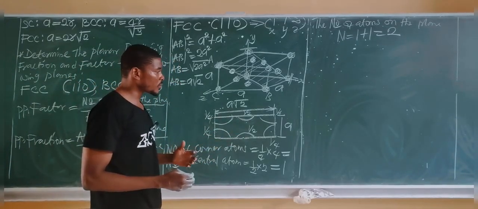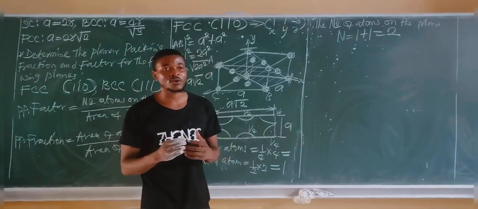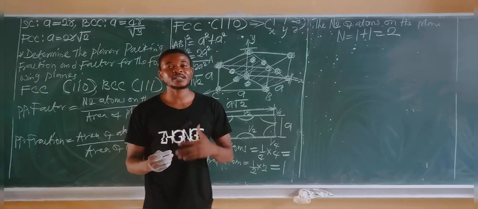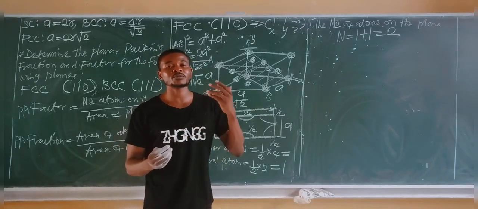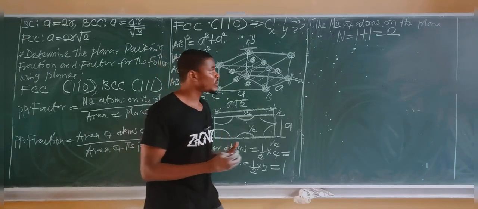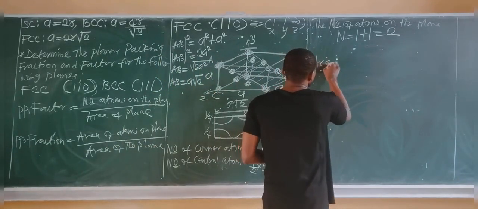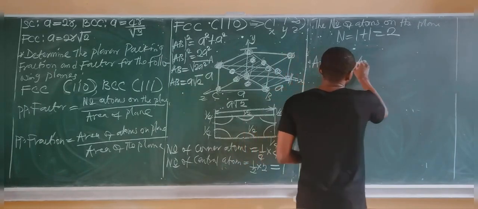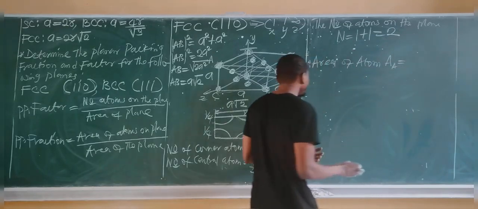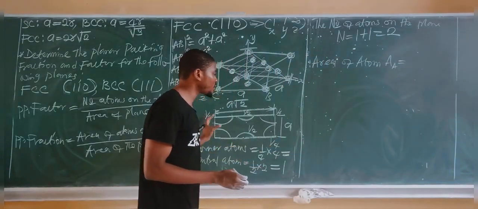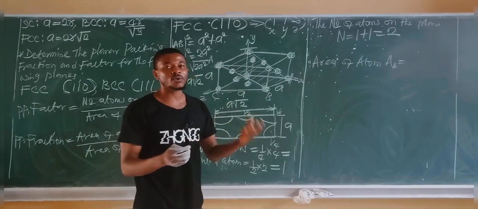We've gotten the number of atoms. Remember, all atoms are spherical in shape. Since they are spherical, we can find their area, which becomes the area of a sphere. Therefore, the area of the atom, call this AA, is equal to, since we have two atoms on the face-centered cubic structure, each of them provides its own area.